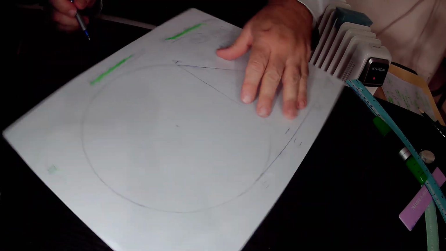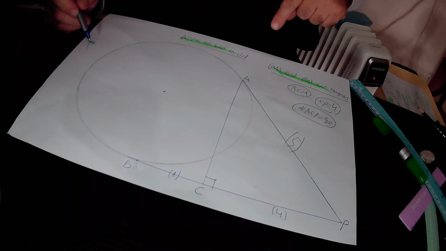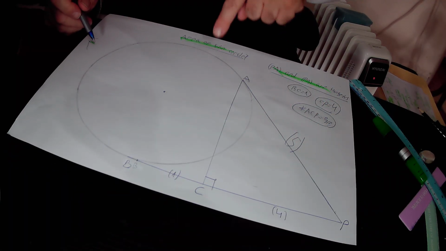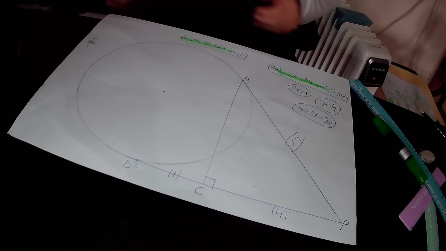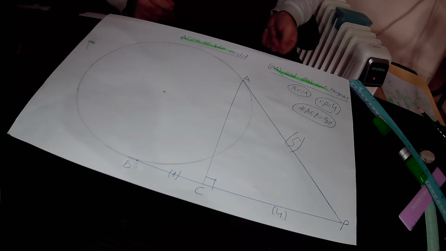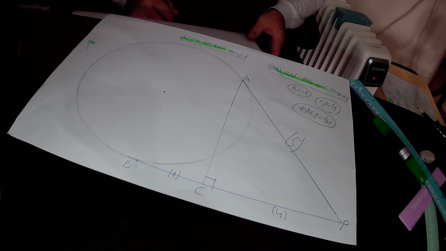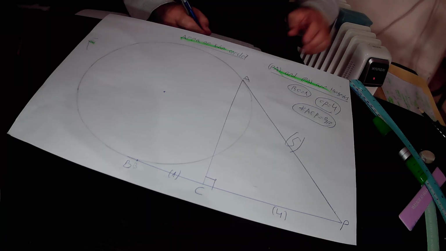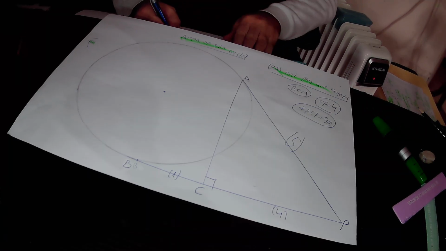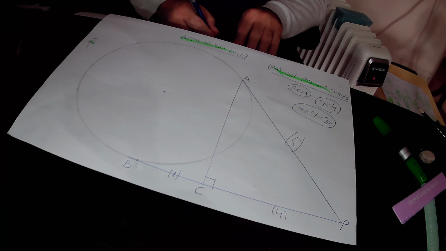In the next step we'll focus on this big right triangle ACP, and we will implement the Pythagoras theorem on it. So here I prepare for the Pythagoras theorem.